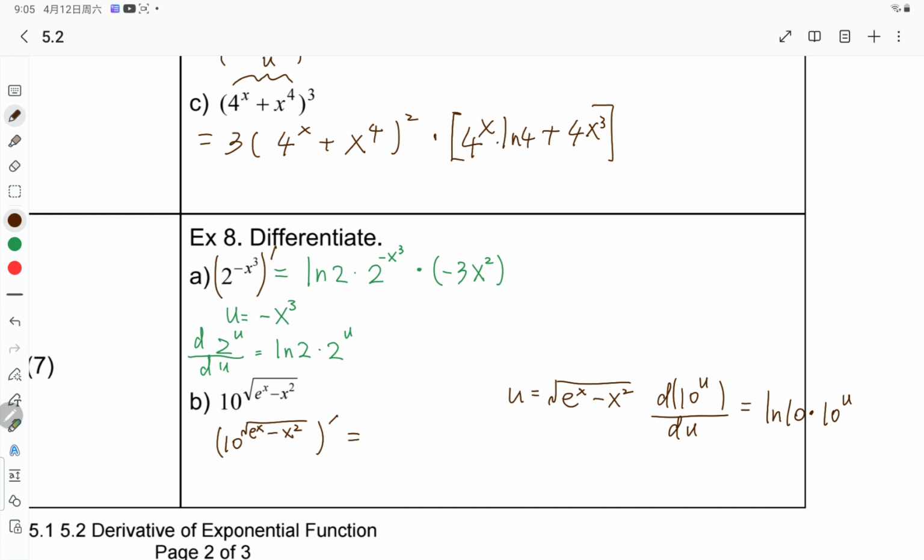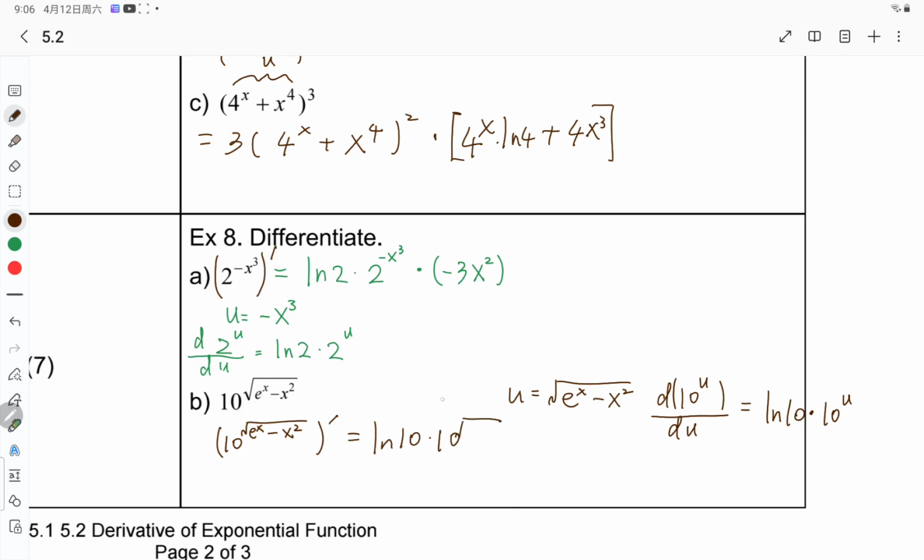Yeah. So it's okay to be slow. It's definitely fine, but definitely make it correct, right? Yeah, just because we already spent so much time understanding it. So ln 10, so 10 to the u, I copy down u, right?